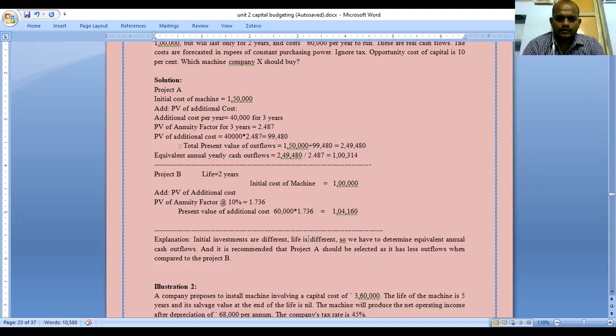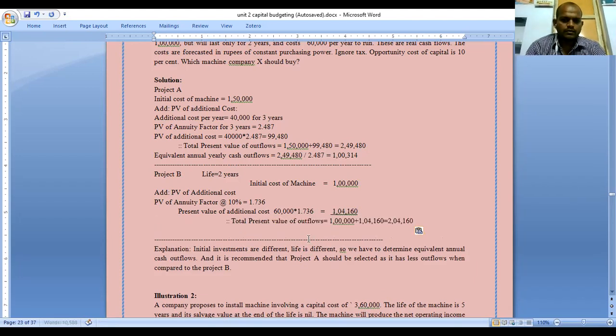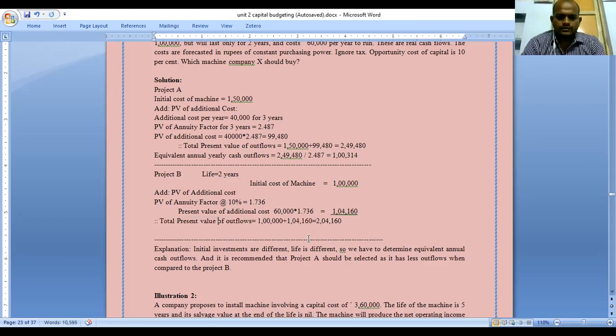Finally, total present value of cash outflows is 2,04,160.